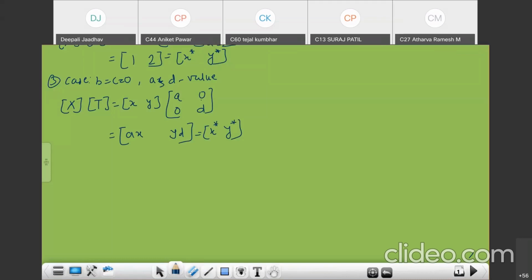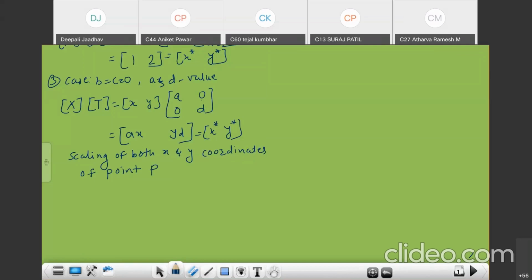Scaling of both the x and y coordinates of the original position vector P. Scaling of both the x and y coordinates of point P. Why? Because we have assigned values to both a and d.